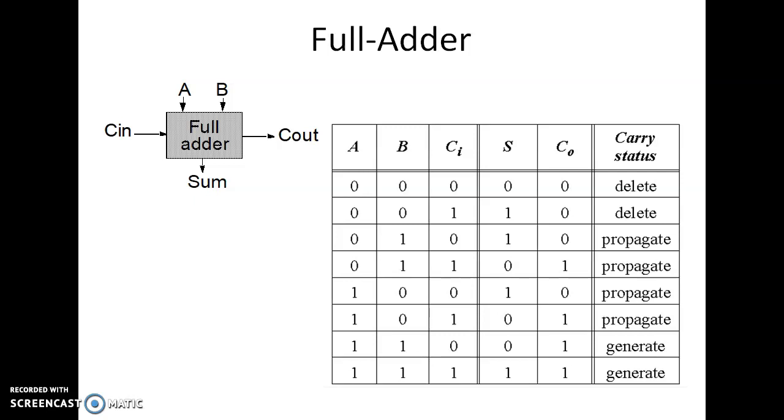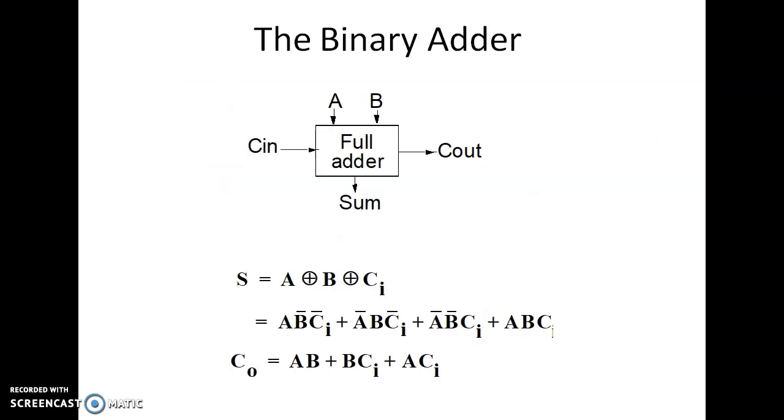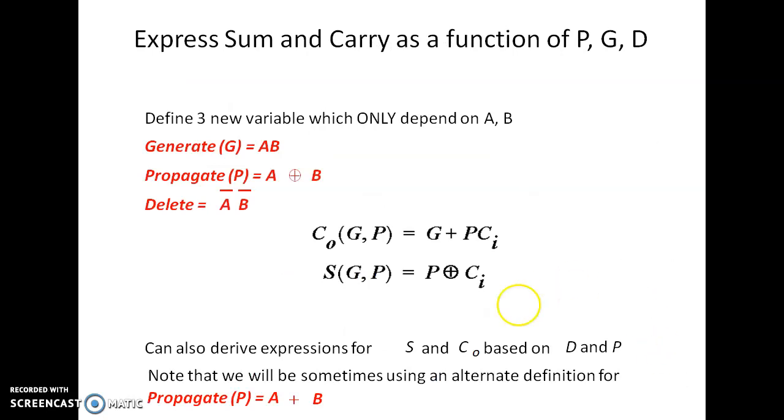Generate, G is nothing but a dot b, that means a is 1, b is 1. Propagate, a XOR b, then whatever the input carry is, the output carry will be the same. By understanding these three, next is how to find the carry and sum with this generate and propagate. So carry is nothing but G plus P Ci.